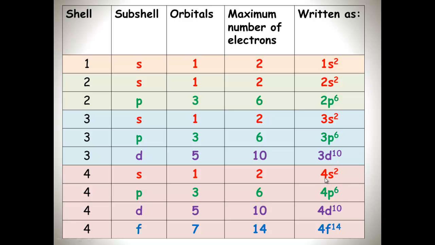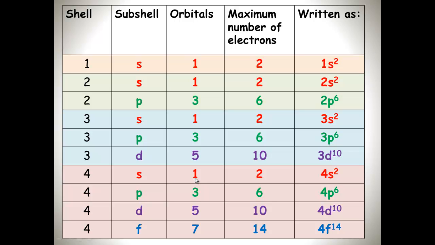This is the 4th shell, this is the 3rd shell, this is the 2nd shell. So the 2nd shell has an s and a p subshell, the 3rd shell has 3 subshells, which are the s, the p and the d, and the 4th shell has 4 subshells, which are the s, the p, the d and the f.